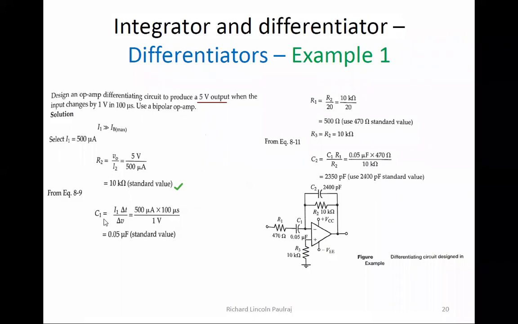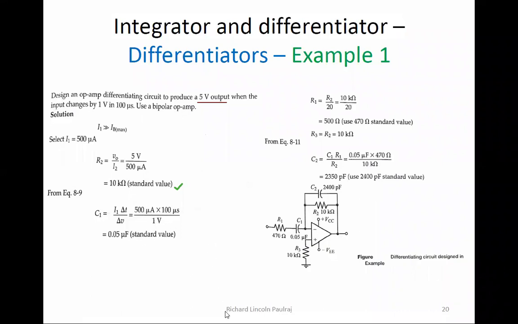Next, the capacitance C1 is equal to I1, whatever is the current passing through I1, into delta T by delta V, the rate of change of voltage with respect to time. So 500 is there, and my delta T, a small change in time, is about 100 microseconds. And the change in voltage that I'm trying to do is about 1 volt.